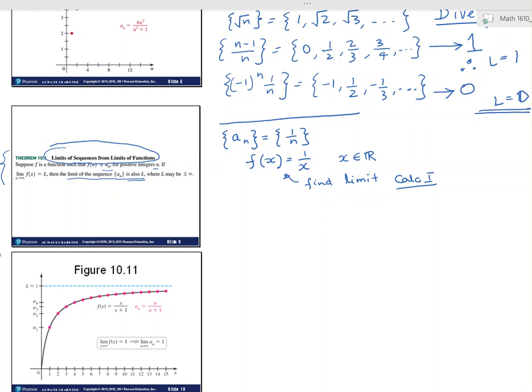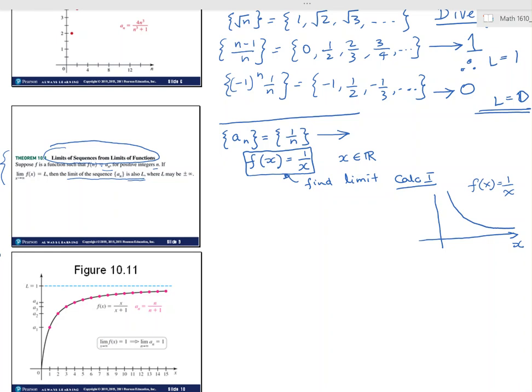So if you remember in Calculus 1, we figured out how to find limits of functions. So whatever is the limit of this function, the same would be the limit of this sequence. And the reason is actually quite intuitively obvious. If you were to graph the function f, then your graph of 1 over x would be something like this. So f of x is 1 over x.